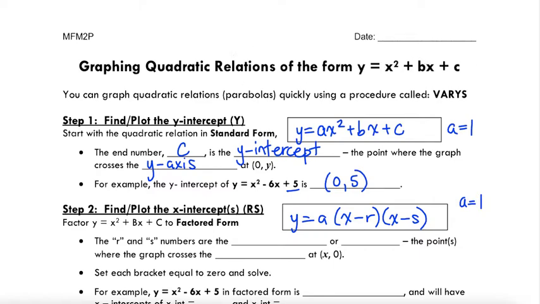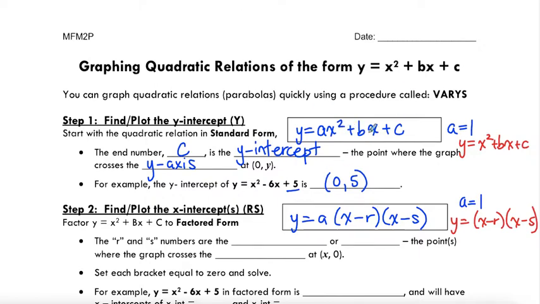Sometimes you might also see the standard form, when a is 1, written as y equals x squared plus bx plus c, which is how it's written in the title. And for the factored form, if our a value is 1, it'll just be y equals x minus r, x minus s. These are the generic versions, and the red ones are the versions where our a value is equal to 1.